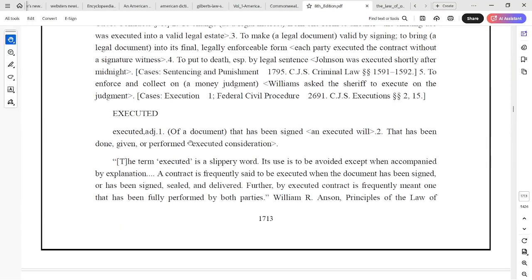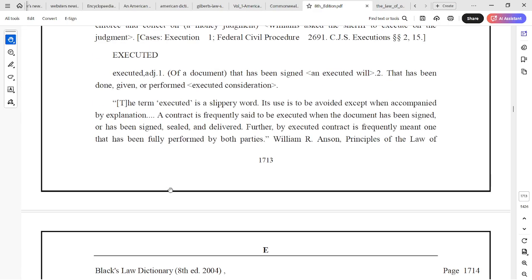Executed. Of a document that has been signed and executed, sense 2. So sense 1 is of a document. Sense 2, that has been done, given, or performed. Executed consideration. The term executed is a slippery word.